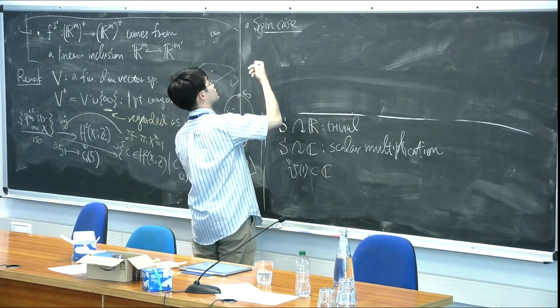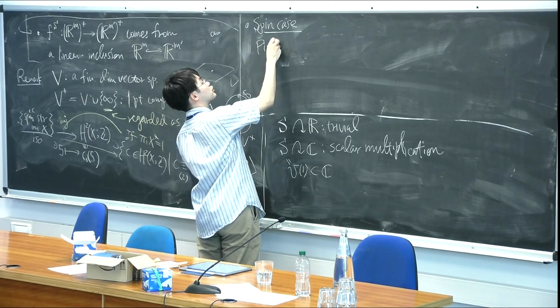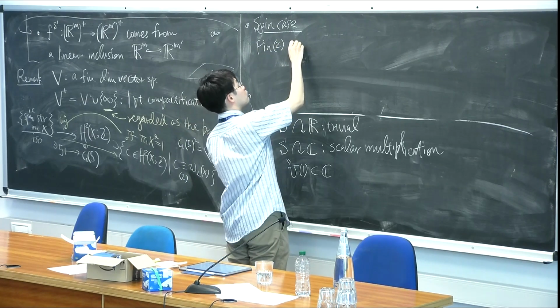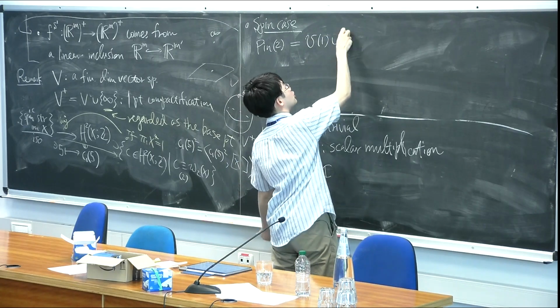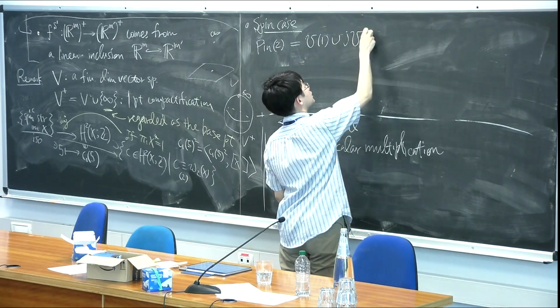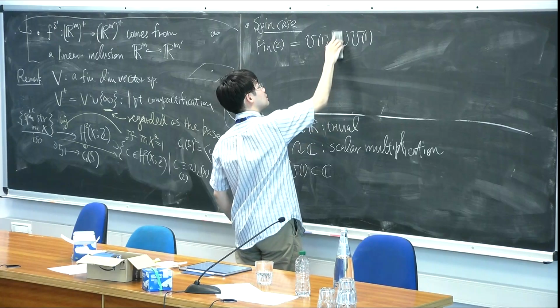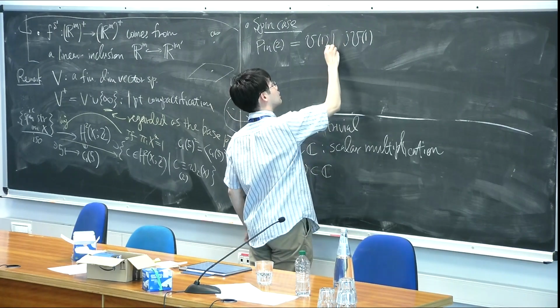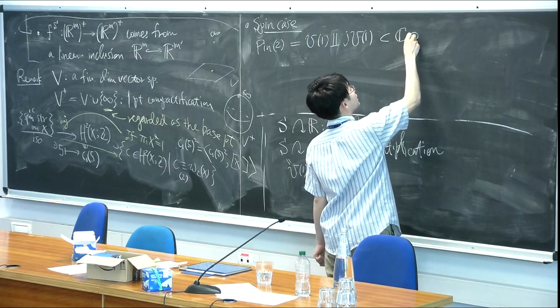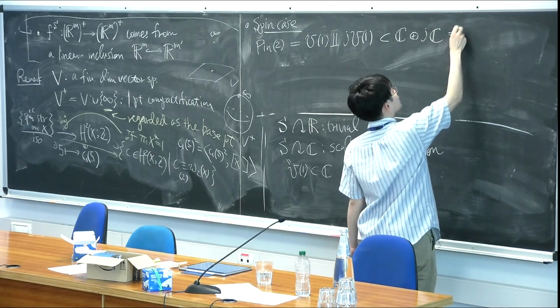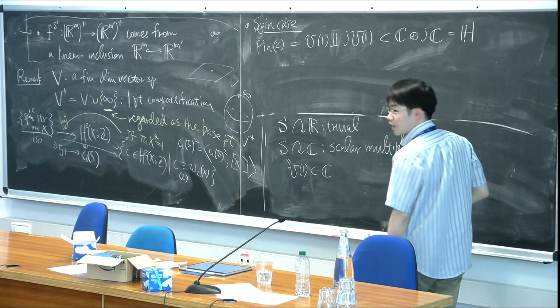One notation I have to introduce is the group Pin2, which is the union of U1 and JU1. This is actually a disjoint union. This sits inside C plus JC, which is identified with the space of quaternions.